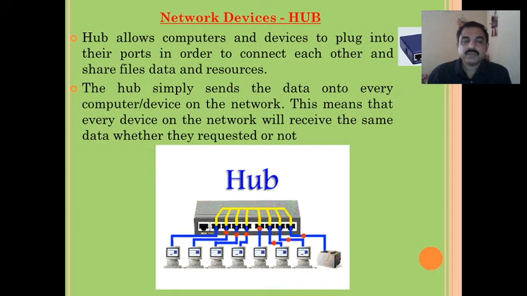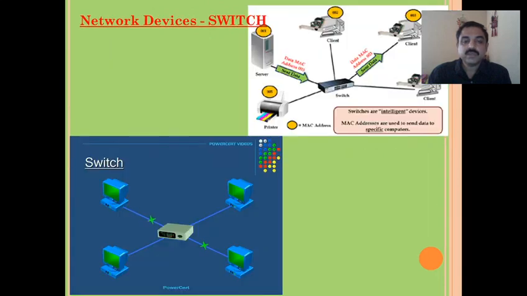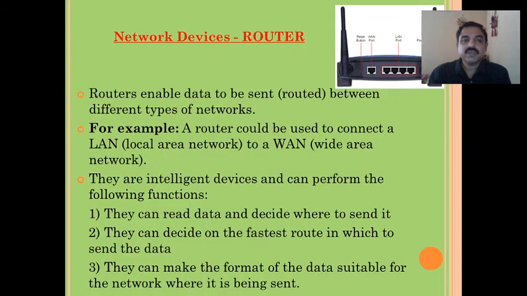Hub and switch both are used for connecting systems to a network. The difference between hub and switch is, in a hub, the data you send goes to all the nodes, so data transfer will be slow compared to a switch. But in a switch, data will be transferred to only the intended node. So here the data transfer will be faster.